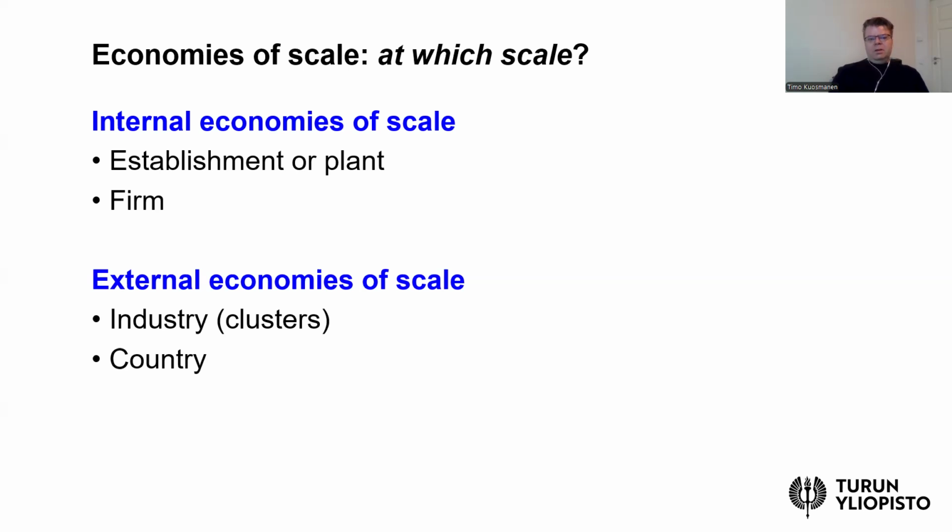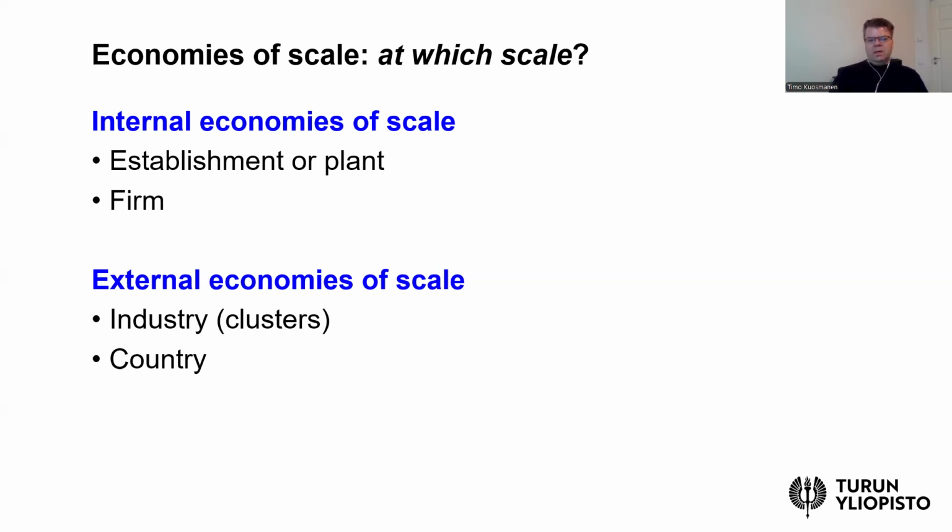Now, potentially there might also be external economies of scale, which are not limited to a single firm, but would be obtained at the industry level. You might have industry clusters where multiple firms benefit from close proximity to other firms of the industry. And then there could also be external economies of scale at the country level.